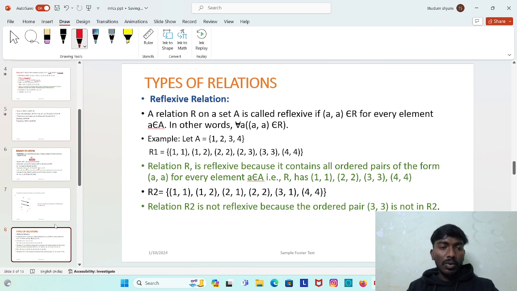Now we go to the next topic, types of relations. The first one is reflexive relation.